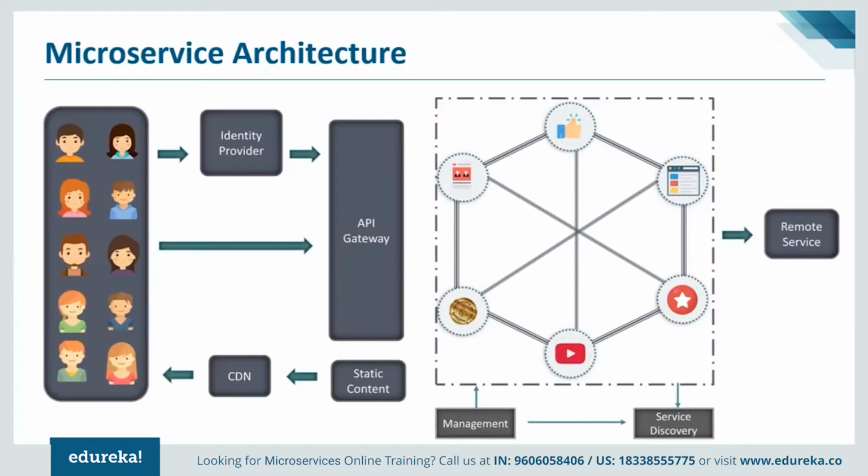Now, all of you might be thinking, how will these parts work together on the MediaMore application to process Alice's request? Alice's request is first passed on to the identity provider. Then, the identity provider authenticates Alice's request by identifying her as a regular user on MediaMore. These requests are passed on to the API gateway, which acts as an entry point for Alice to forward a request to the appropriate microservices.